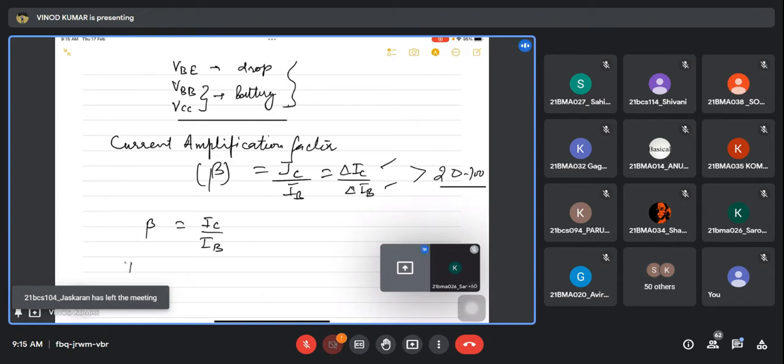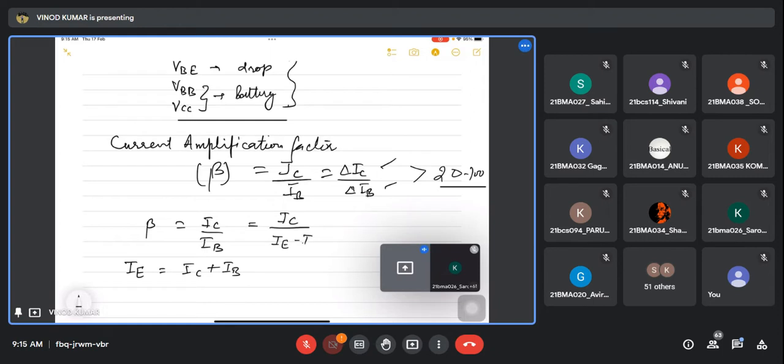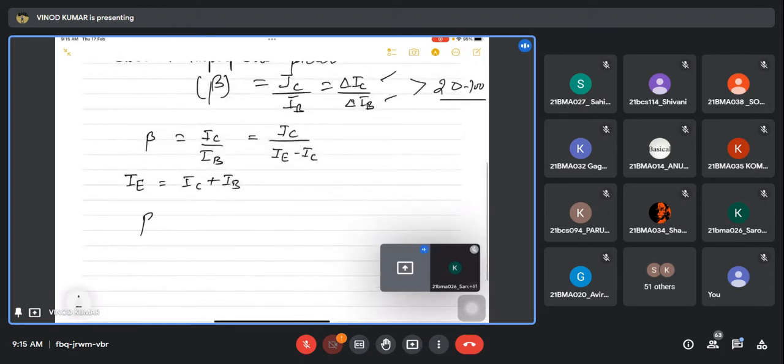We also know that IE is nothing but IC plus IB, right? So I can replace this value, IB equals IE minus IC, and beta is this one.